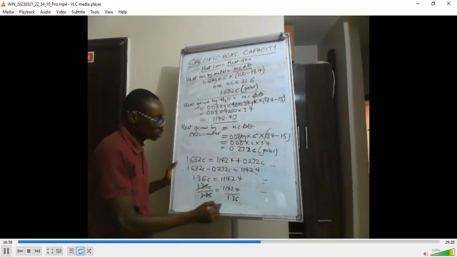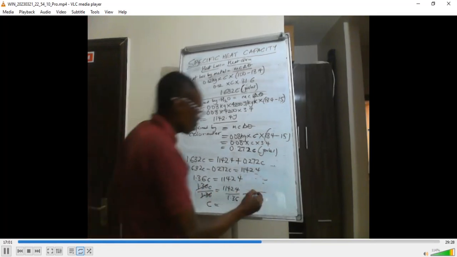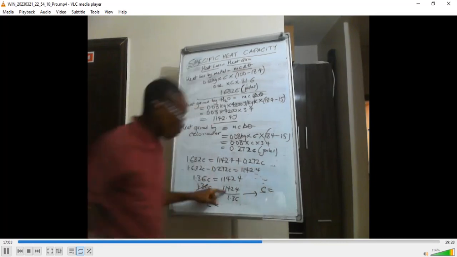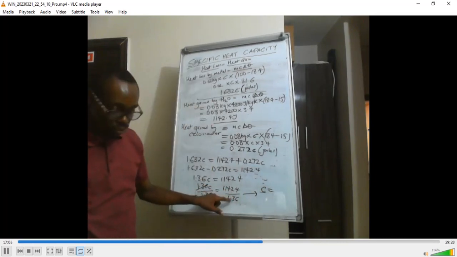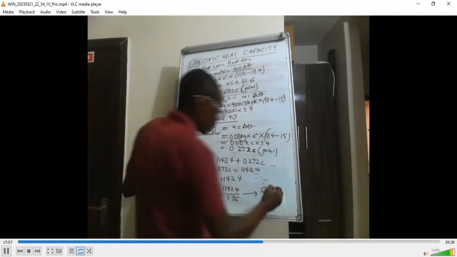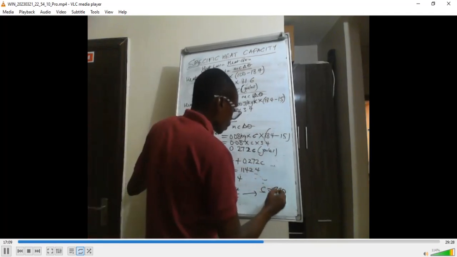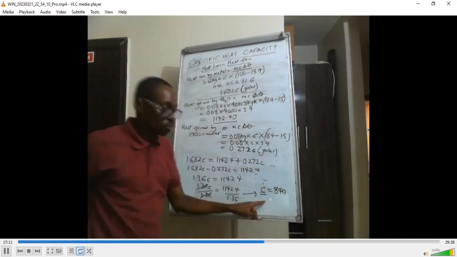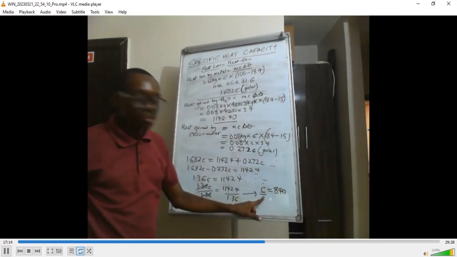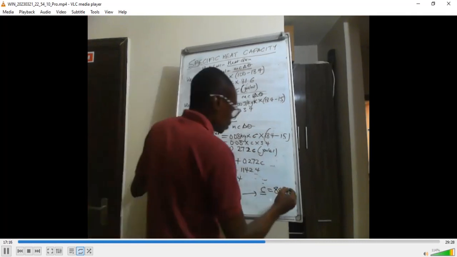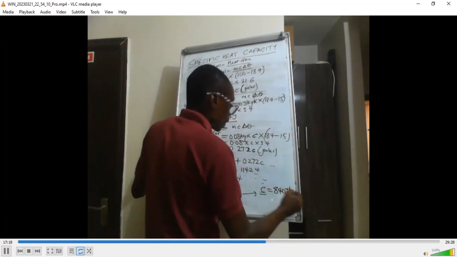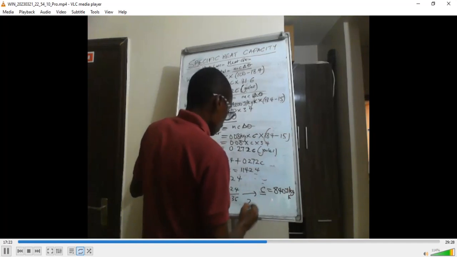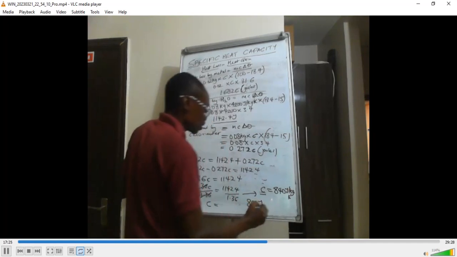This C is equal to, okay, let me do it over here. C is equal to 1142.4 divided by 1.36, which gives us 840. So the specific heat capacity of the metal is 840 joules per kilogram per Kelvin.